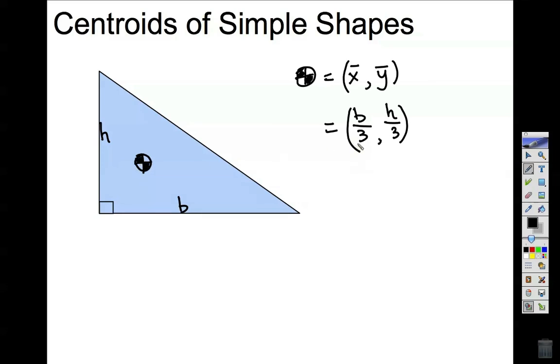We want to be careful because this base and that height are the ones that form the 90 degrees. So the centroid is base over 3, height over 3, away from the right angle. So here we have the height over 3, and this is the base over 3.